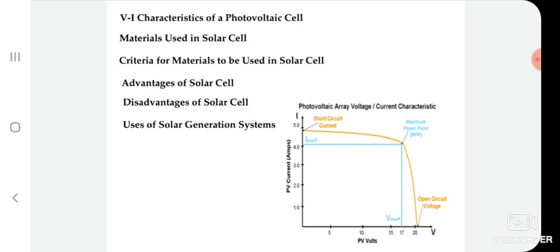There are some disadvantages also. The first one is that it has a high cost of installation. It has low efficiency. During a cloudy day, energy cannot be produced and also at night we will not get solar energy. These are the disadvantages of solar cells.